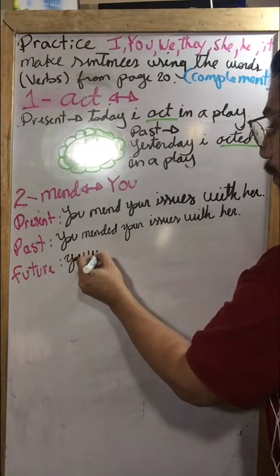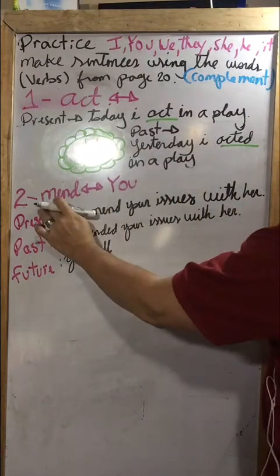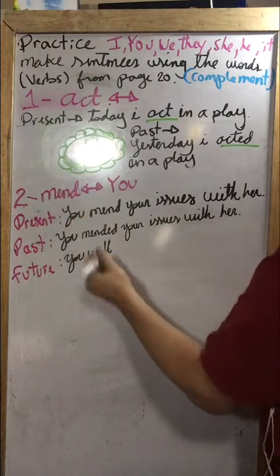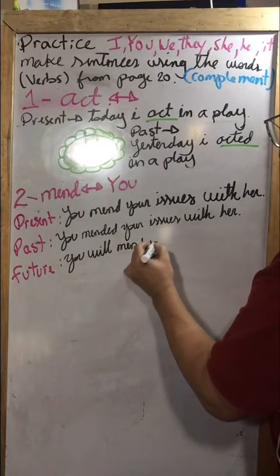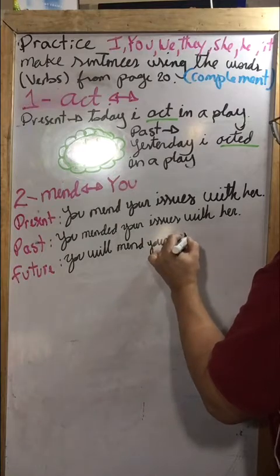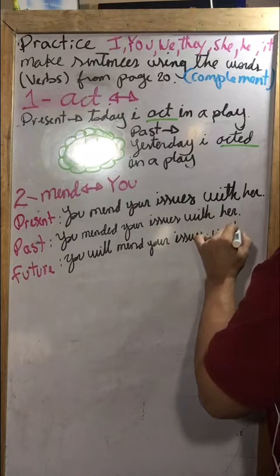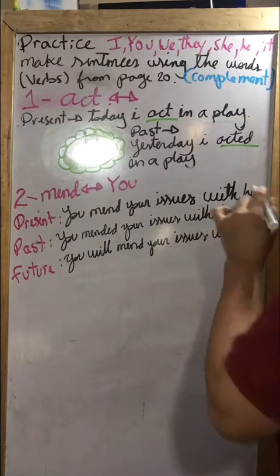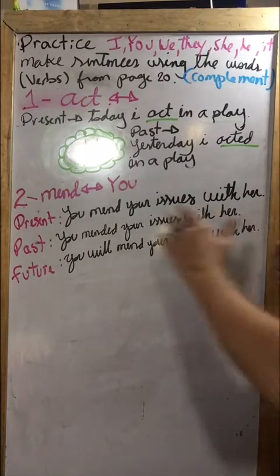You will, and then the rule says that you're going to leave the verb regular, but you're going to add will: you will mend your issues with her. Now, what is the thing that changes amongst all the sentences? This.